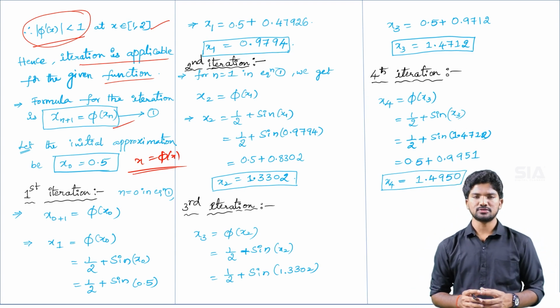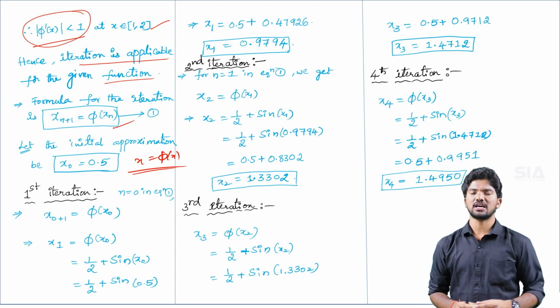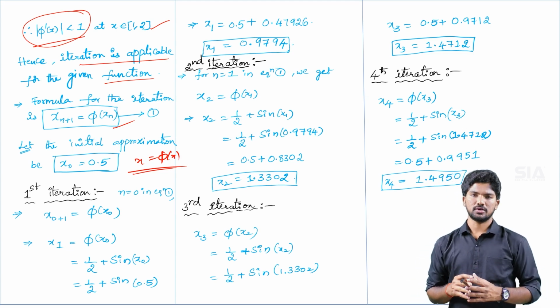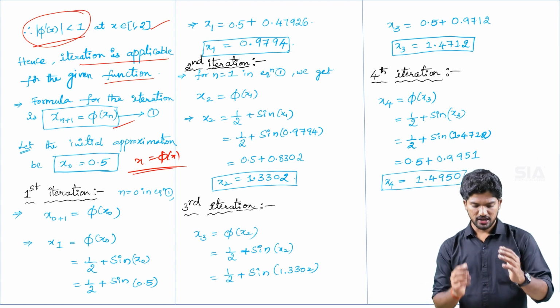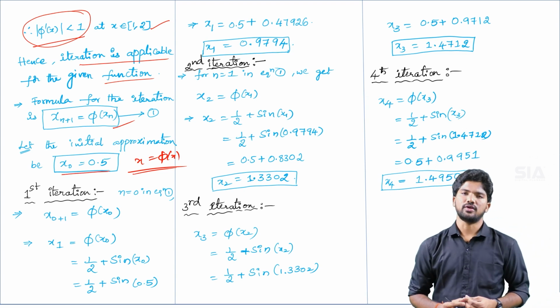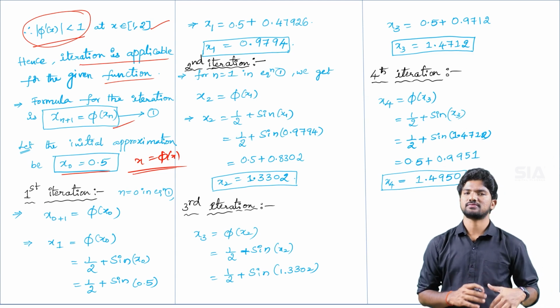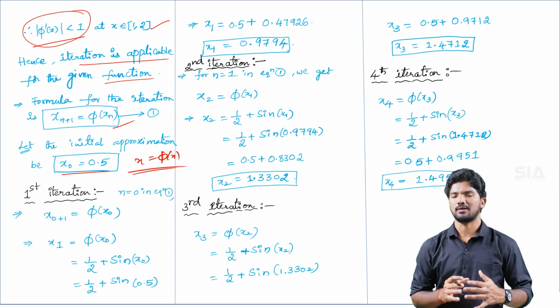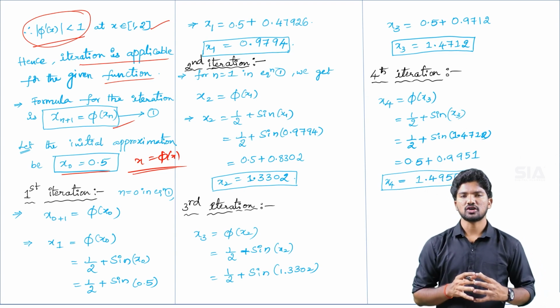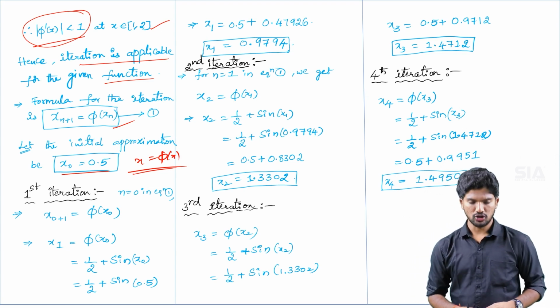Let the initial approximation be, okay, here the initial approximation, how can we say, the average value of 1 comma 2. So therefore you can take the near value. So therefore x naught is equal to 0.5. Okay, we are considering this value. It is not the average value of 1 comma 2. So we are considering that initial approximation x naught is equal to 0.5.